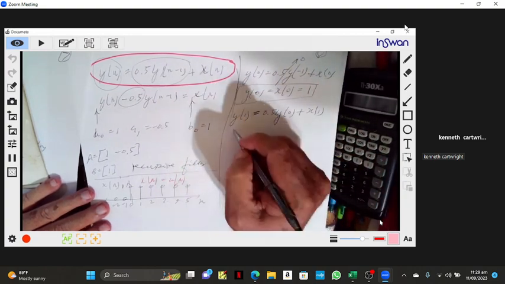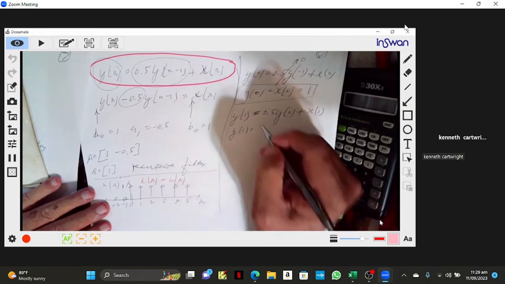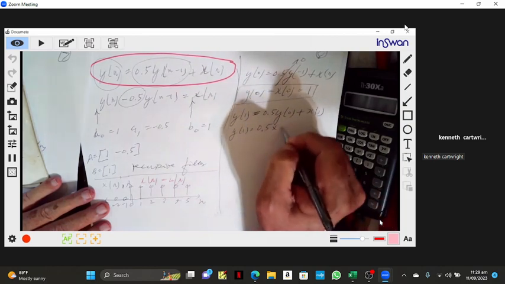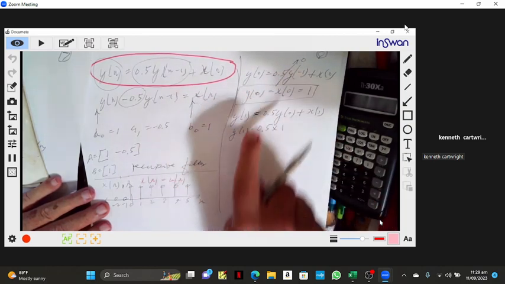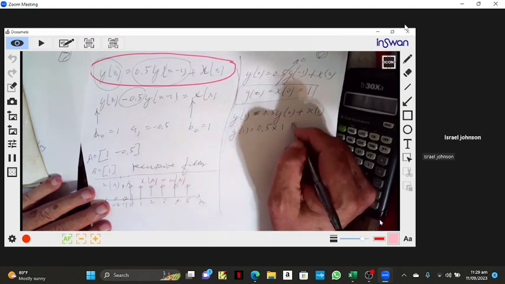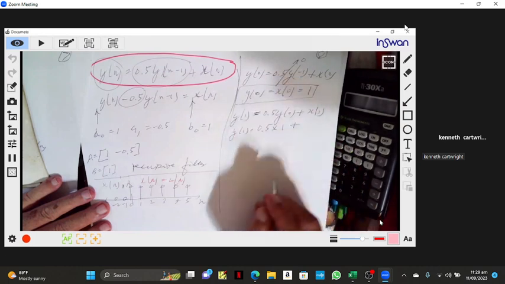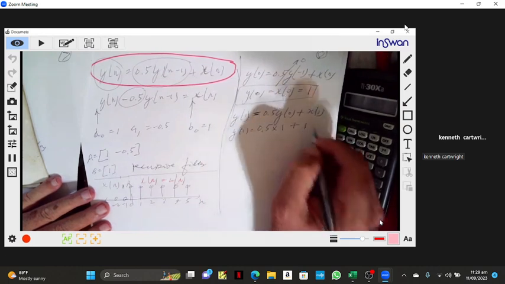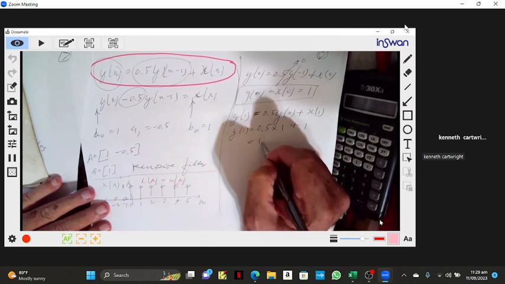So y of 1 equals 0.5 times 1. We discovered that y of 0 is 1. What's x of 1? That would be 1. So y of 1 is 1.5.